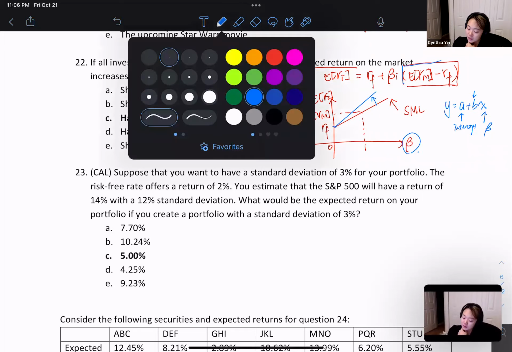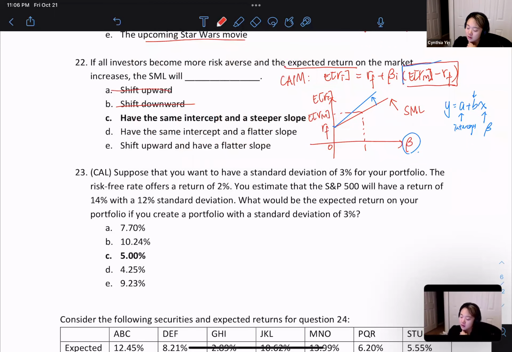So A and B are irrelevant because they say it's shifting upward or downward. It's like still parallel. And if it shifts upward or downward, it means risk-free rate is changing. So it's not true. We have the same intercept. C and D are right in the first half, but D is wrong because it's not a flatter slope, it's a steeper slope, as in the blue line. Shift upward, no. Flatter slope, no. That's why C is right.